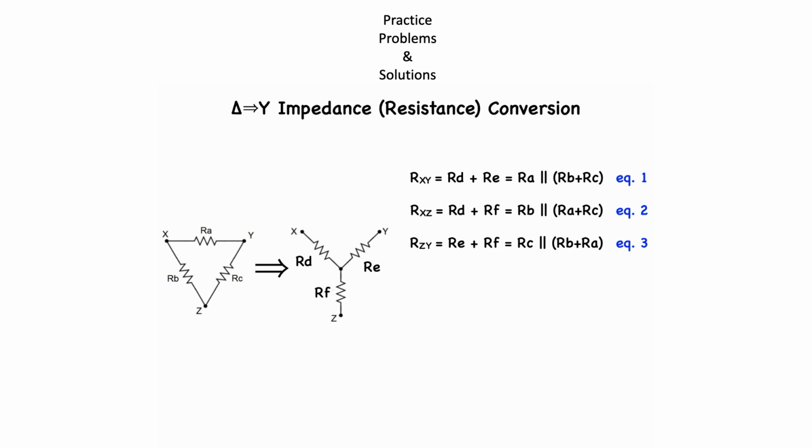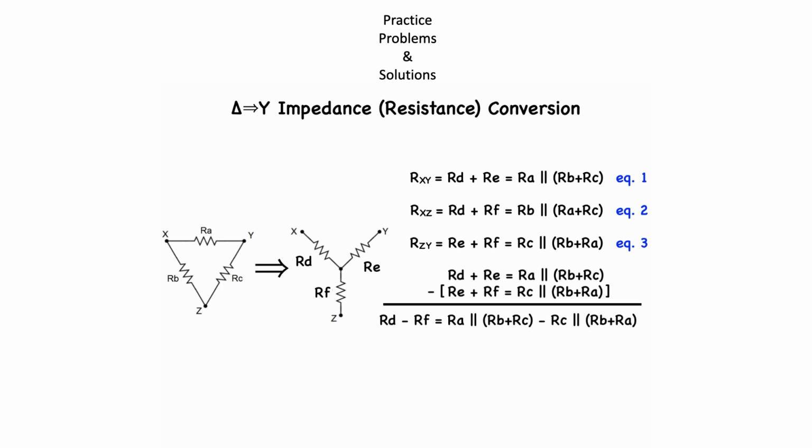If we subtract equation 3 from equation 1, we eliminate the second resistance, RE, and arrive at the difference between the first and the third unknown resistances, RD minus RF.